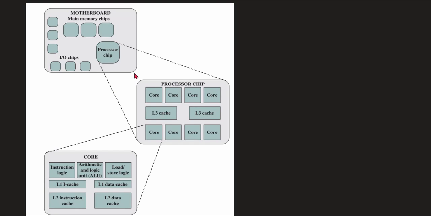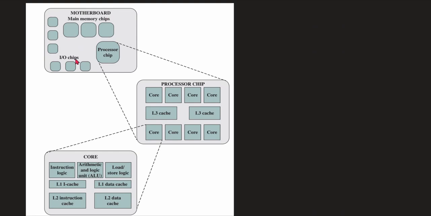There is a motherboard. On that motherboard, there will be a processor chip, main memory chips, input output chips, and some other components. But definitely there will be three main functional components: processor, memories, and input output chip.